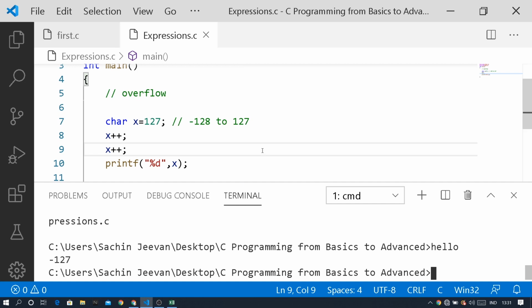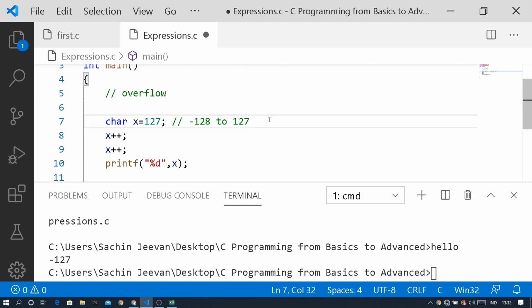From -128 to 127, and after this you will start again from -128. If incrementation happens, again -128, again it will go up to 127. Then if I increment again, it will go to -128. So it is a cyclic pattern. This is what is called overflow.